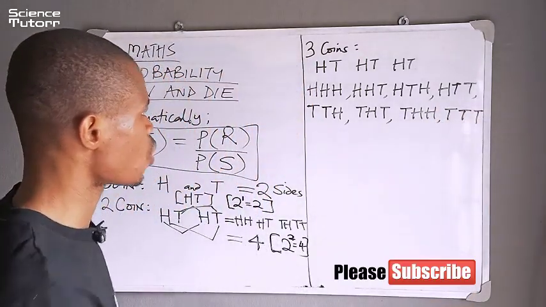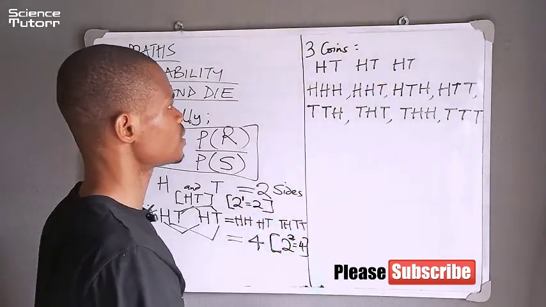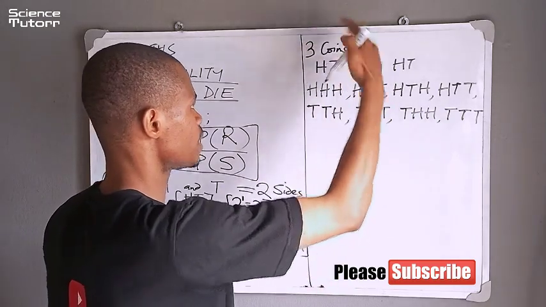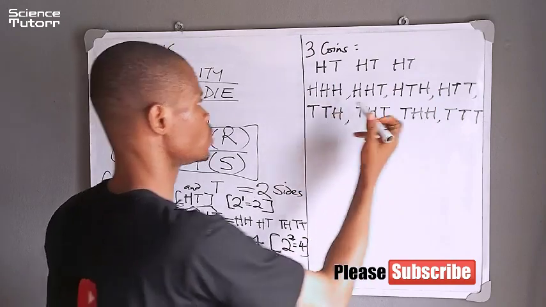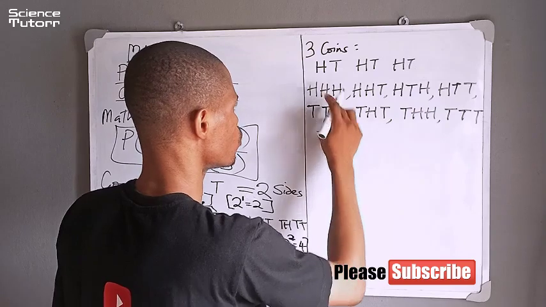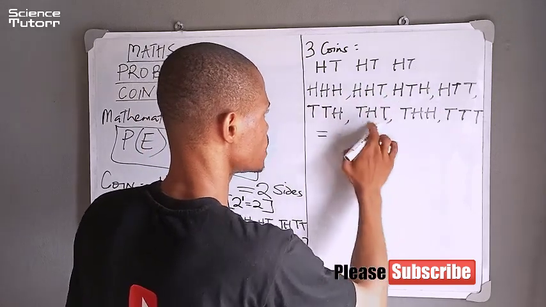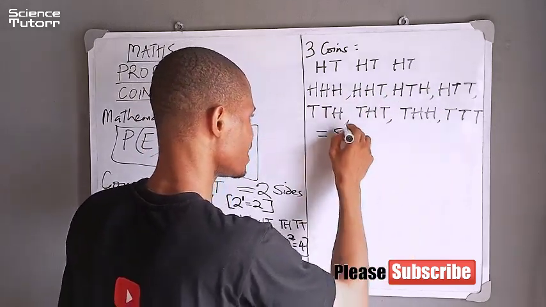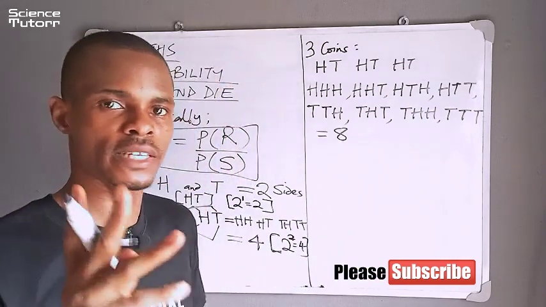All these are the outcomes for three coins. When three coins are tossed once, we are going to have all of these, making a total of 1, 2, 3, 4, 5, 6, 7, 8. A total of 8 outcomes for three coins.